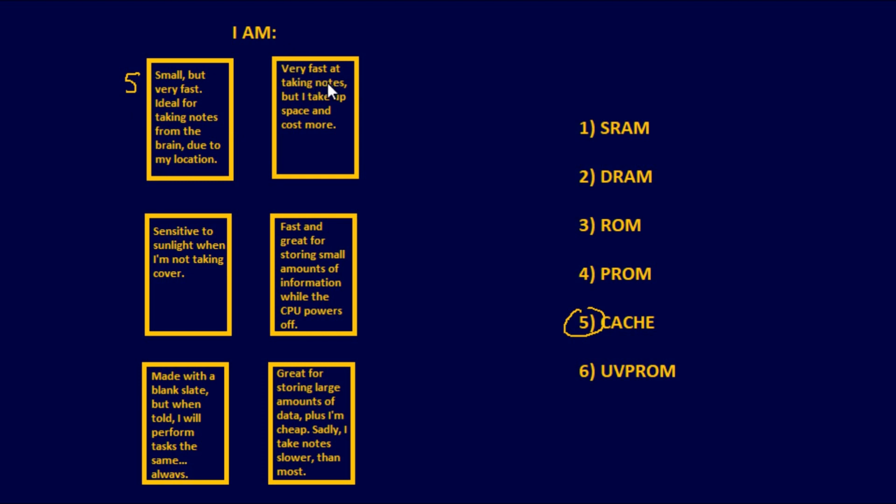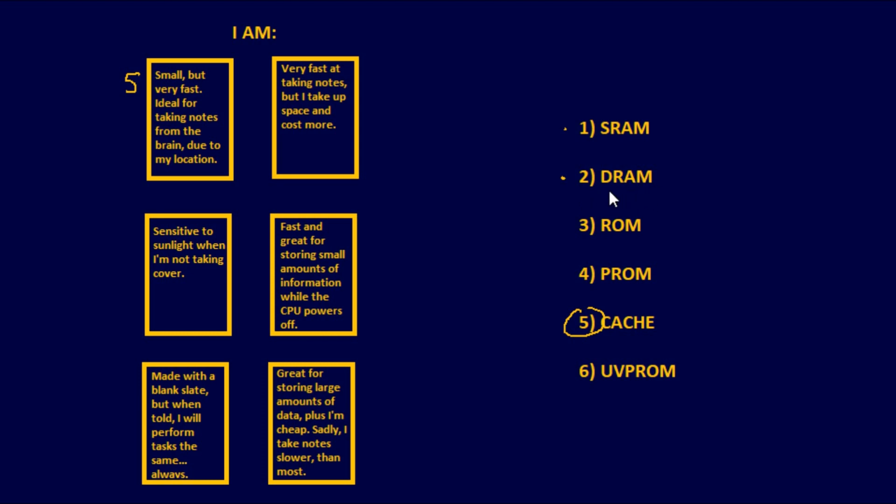All right, so let's do the next one. I am very fast at taking notes, but I take up space and cost more. Again, it goes back to RAM, so we're going to look at these 2 guys right here. It says I take notes, I'm very fast, but I take up space and cost more. We know DRAM actually has a large amount of space. However, it costs less because it takes up fewer components, because it consists of a capacitor and a transistor.